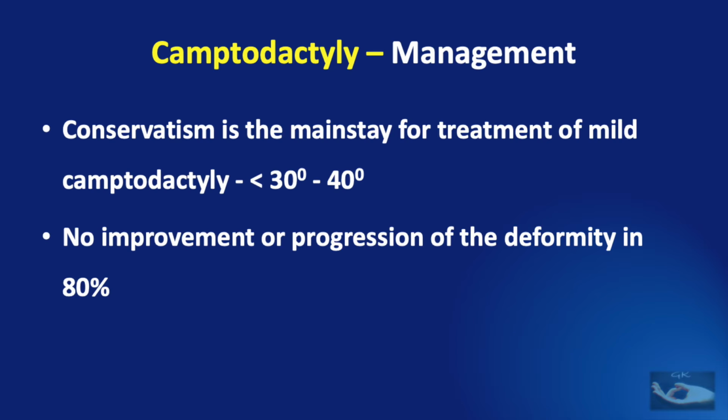Static splinting at night is recommended to prevent progression. But usually there is no improvement, or sometimes there is a progression of the deformity in 80% of individuals with camptodactyly. Severe involvement hinders activities and warrants treatment, although restoration of full motion is not a realistic goal. Bony changes further downgrade the expectation after surgery.